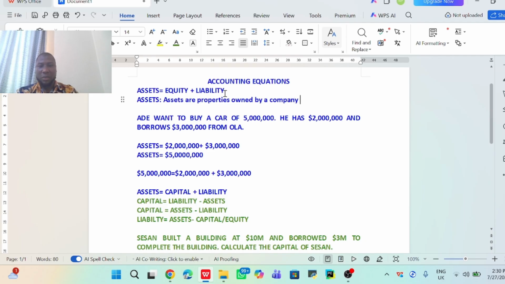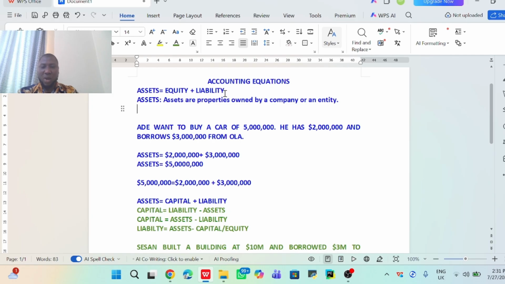To a layman, anything you own by yourself is known as an asset. If you have a building, it is an asset. If you have cash at home, it is an asset. If you have a car, it's an asset. Everything that you own is an asset to you, right?